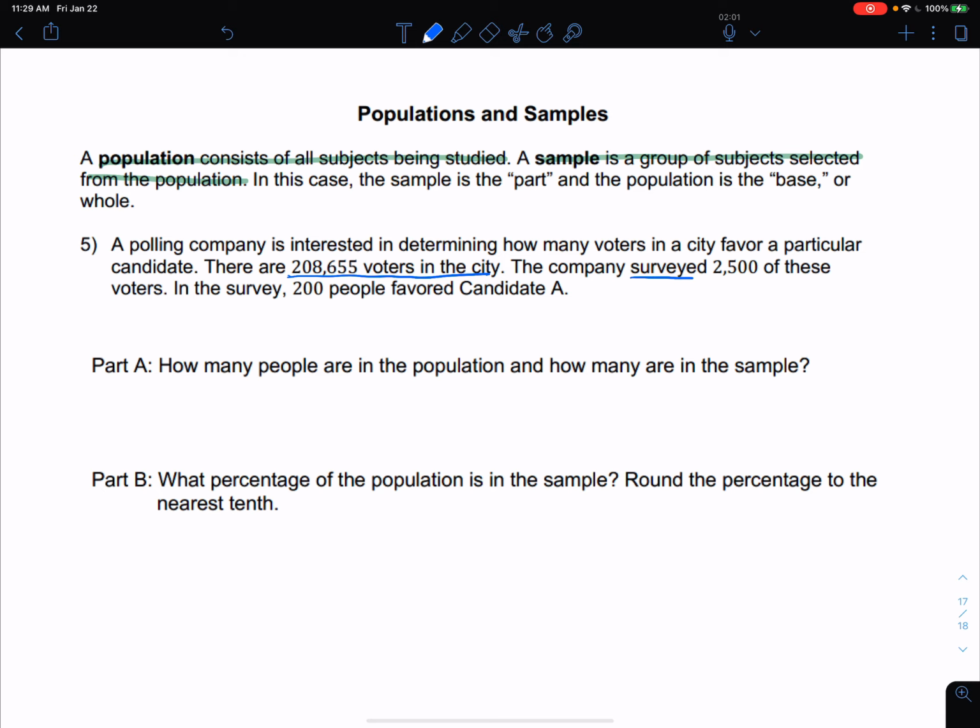They tell me they surveyed 2,500 of these voters, and in their survey, 200 people favored candidate A. So if I'm thinking about the population, right, that's all of the voters. So the population is that 208,655 voters in the city.